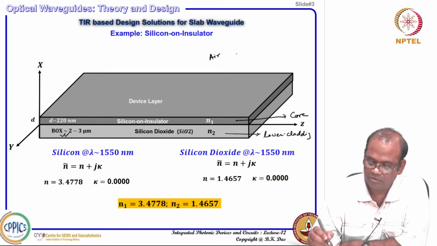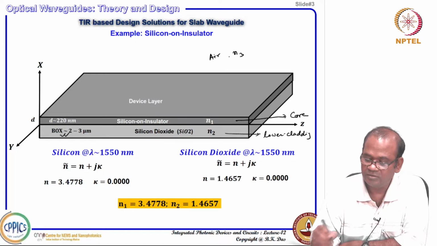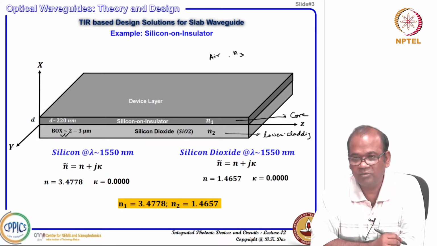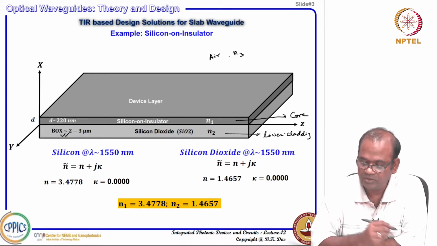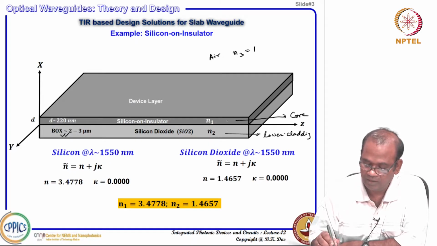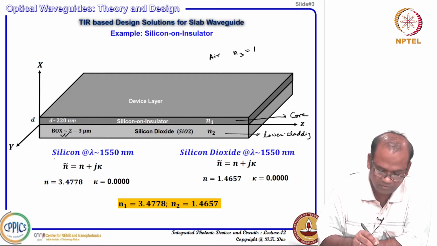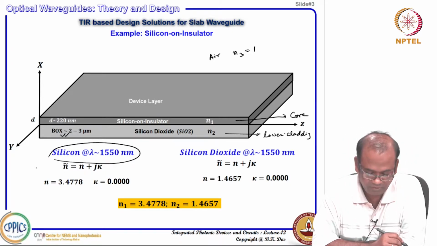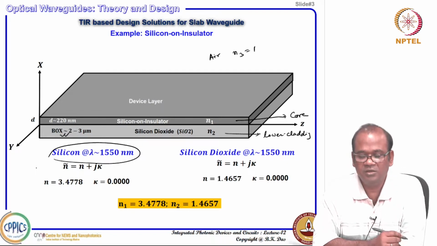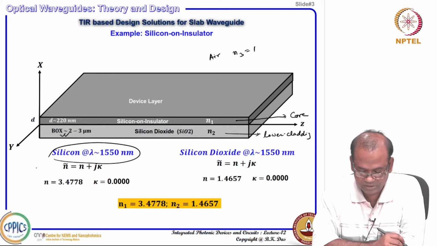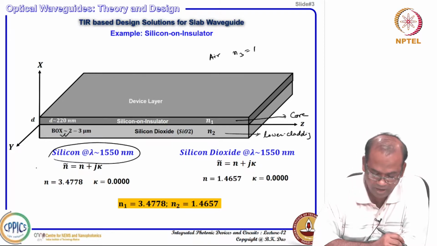Okay. So air also you can consider as a dielectric material with refractive index N3 equal to 1. And N1 here, if you think of crystalline silicon, is the refractive index at 1550 nanometer wavelength, which is the third generation optical communication band.